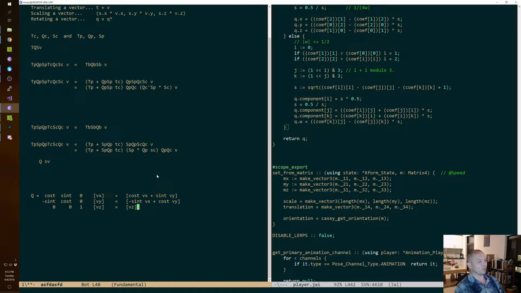So now, to figure out the effect of this, we're scaling this by some factor. Now, because these are multiplicative, Sx Vx stays stuck together, and Sy Vy stays stuck together, right?